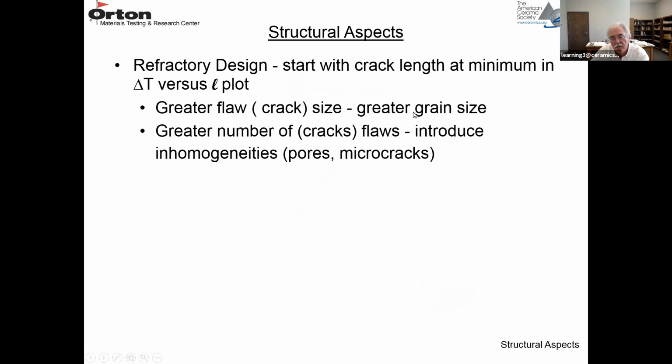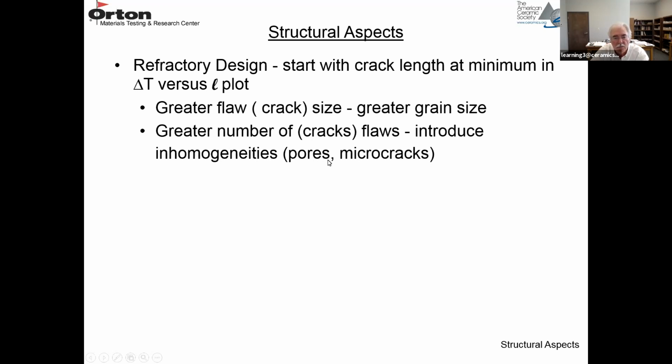And we mentioned that, because of the thermal expansion mismatches, the grain size is the flaw size. There's a microcrack generated around the grain on the order of its size. So you can put in bigger flaws by putting in bigger grains. You can control the number of cracks or flaws by introducing different types of inhomogeneities in the material, such as pores.